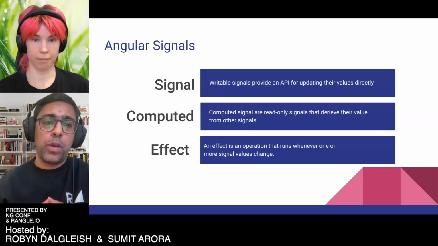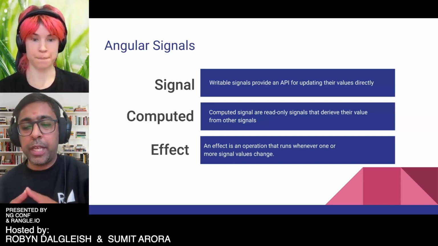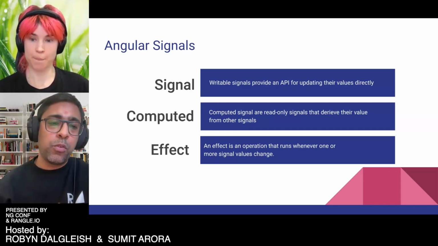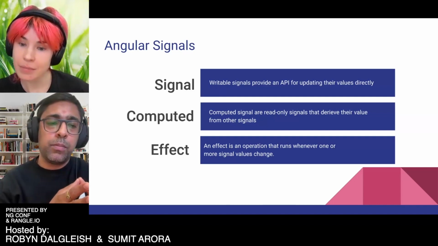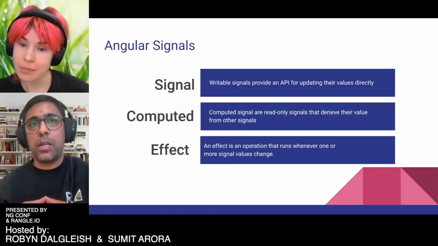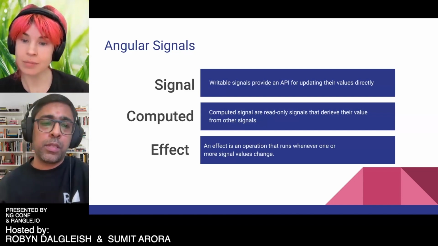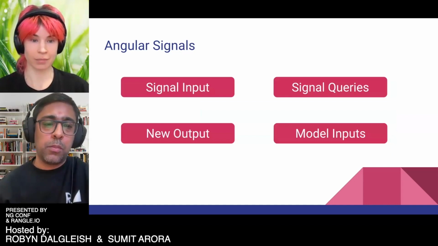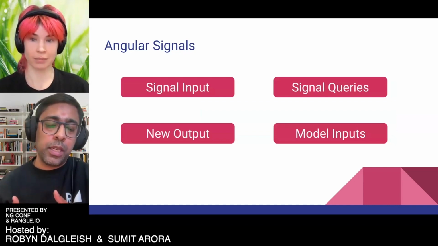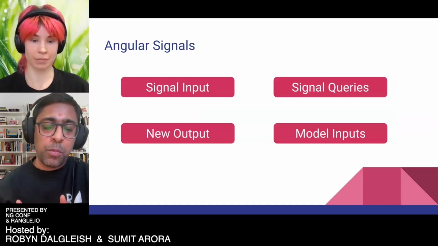Now, as they worked on Angular 18, they did a lot of improvements on the underlying APIs for the signals, as well as introduced a few more signal APIs, which is signal inputs. Signal input is basically an input value.